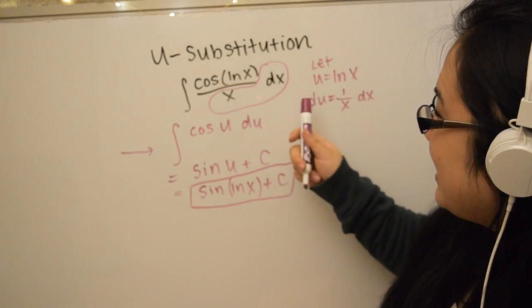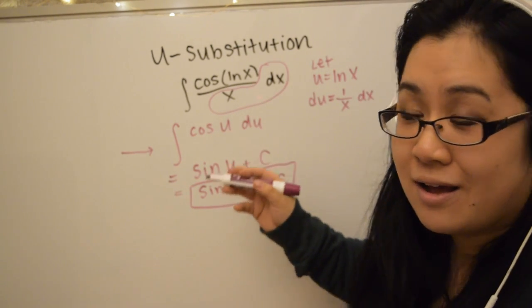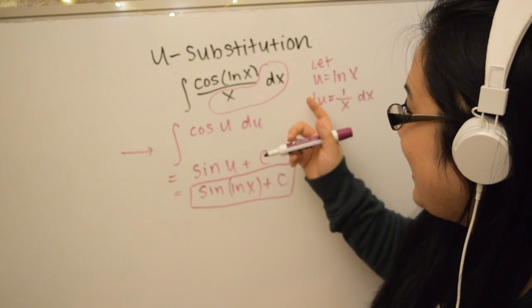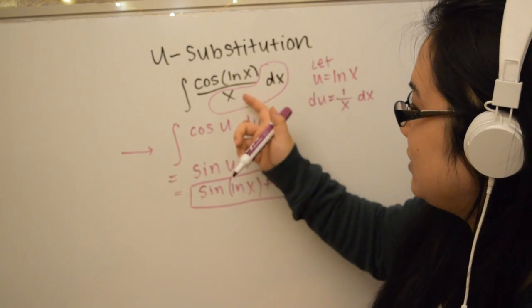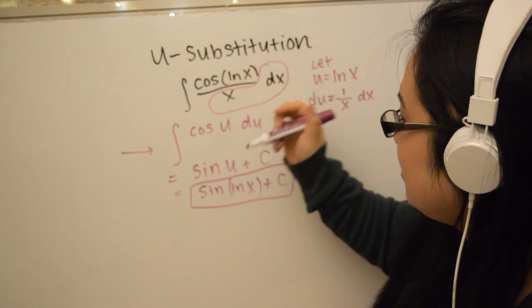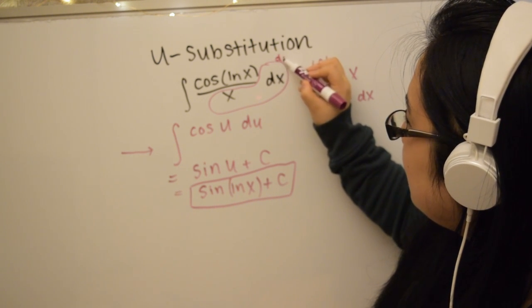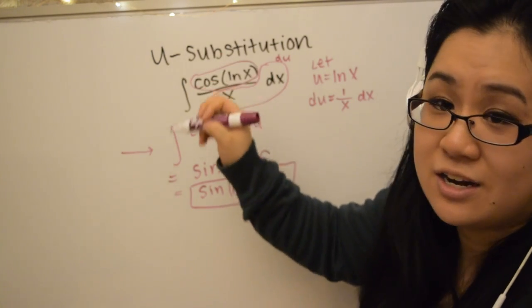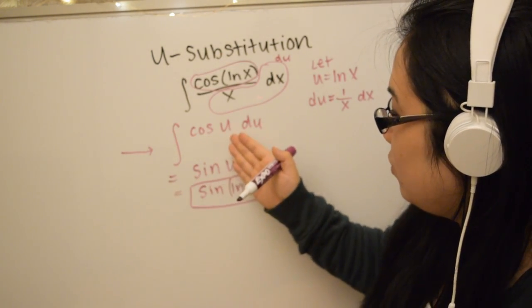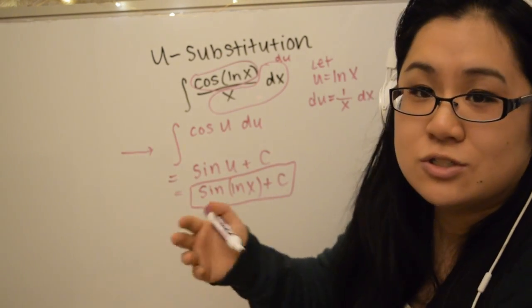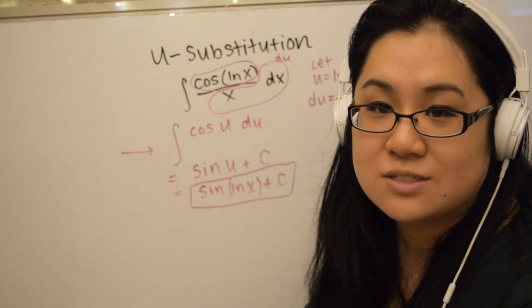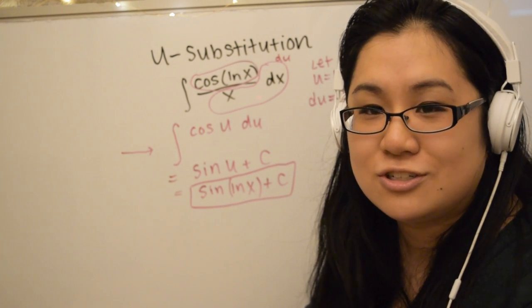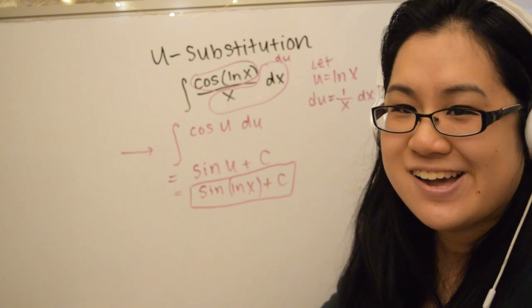So by keeping track of u and du simultaneously, we break up this part to be du, and then this part is our function of u, some function of u. We can take the normal integral. So it really is the backwards of the chain rule.